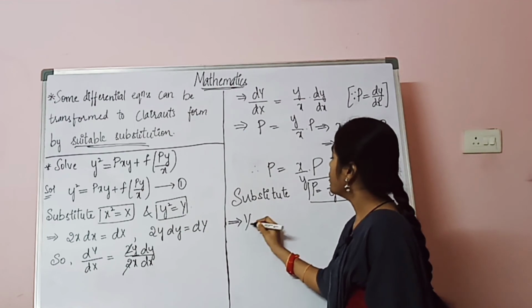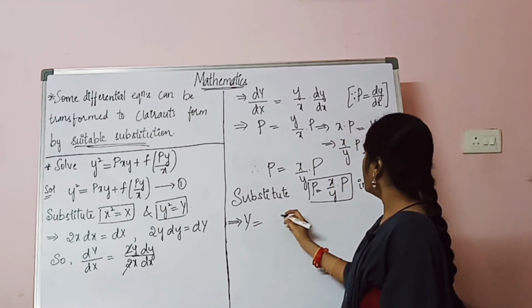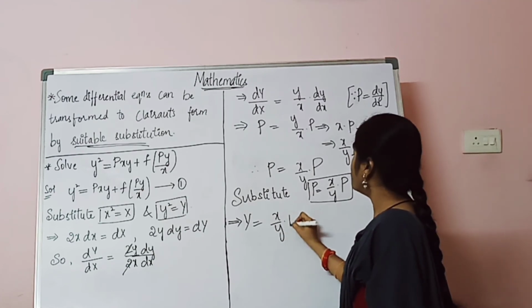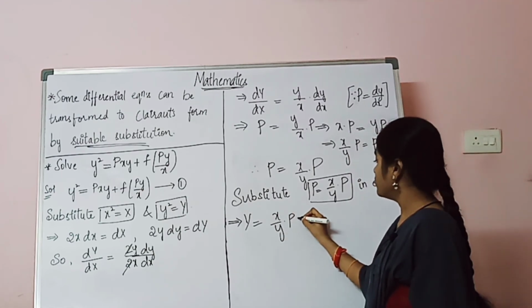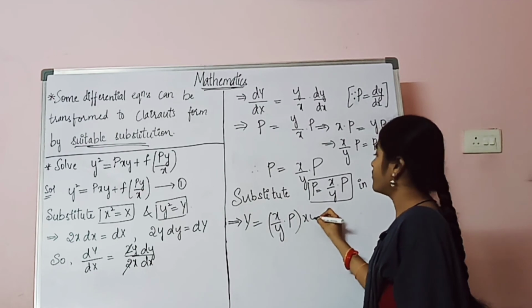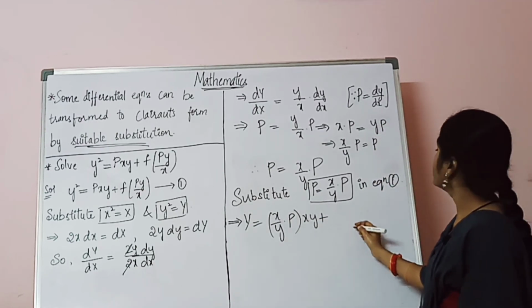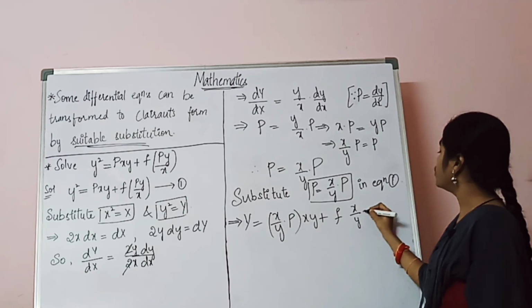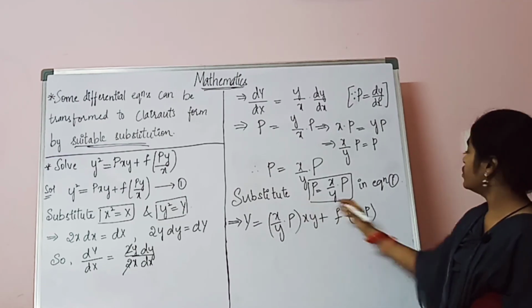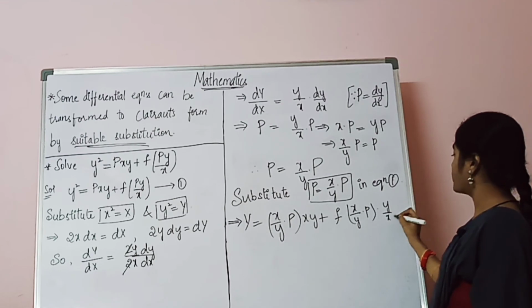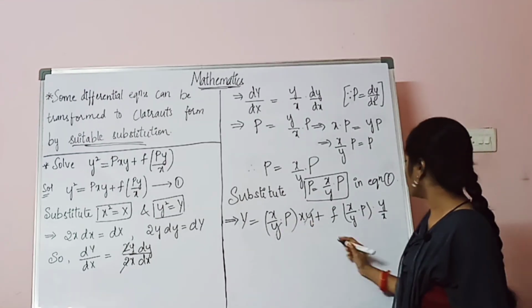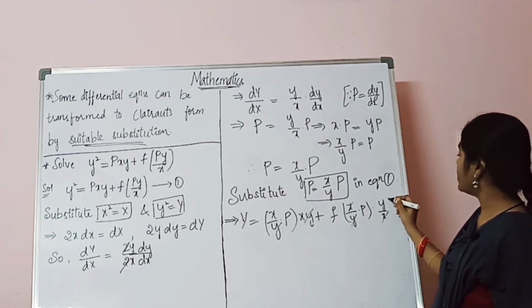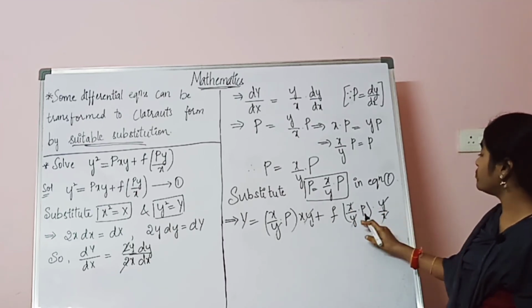Capital Y equals, what is p here? x by y into P into xy plus f of, what is p here? x by y into P into y by x. Now here this y and this y both are cancelled. Here this x and y are cancelled. So both x's are cancelled, both y's are cancelled.